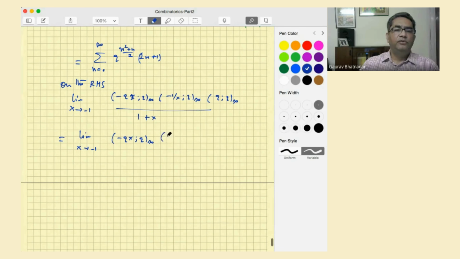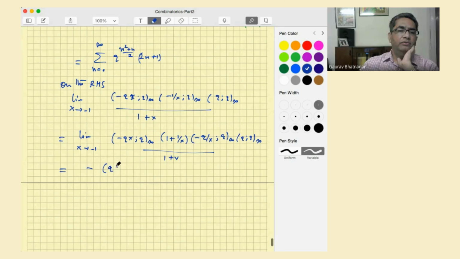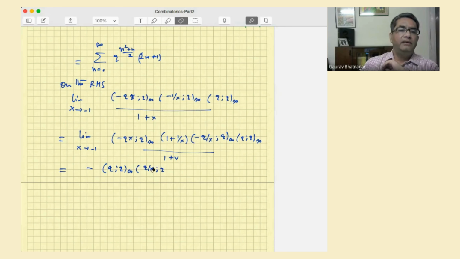This term you split, you get 1 plus 1 over x, and then you get minus q over x q infinity q infinity over 1 plus x. And again, this cancels and you get a 1 over x, and you place x equal to minus 1. So you get minus q infinity, q over x, sorry, q infinity again.